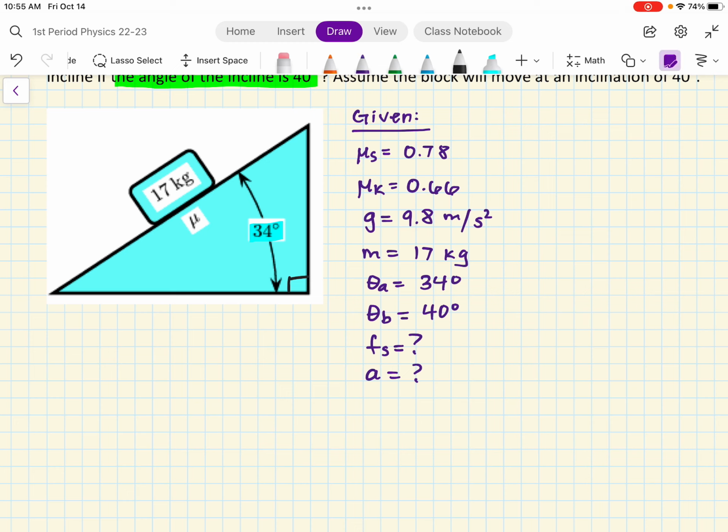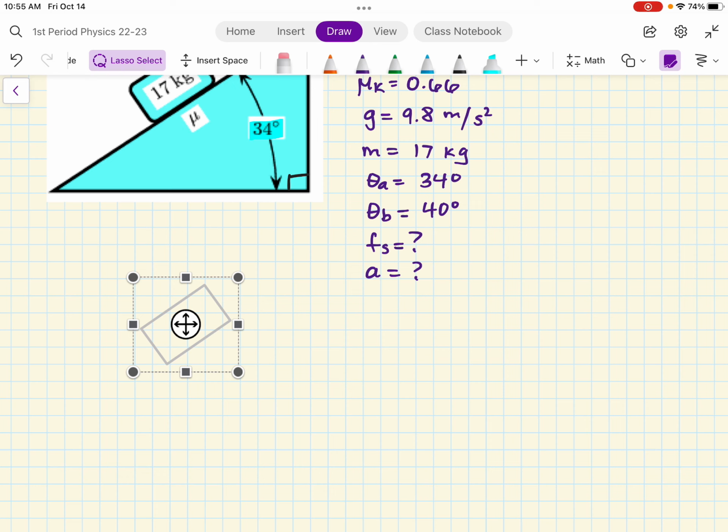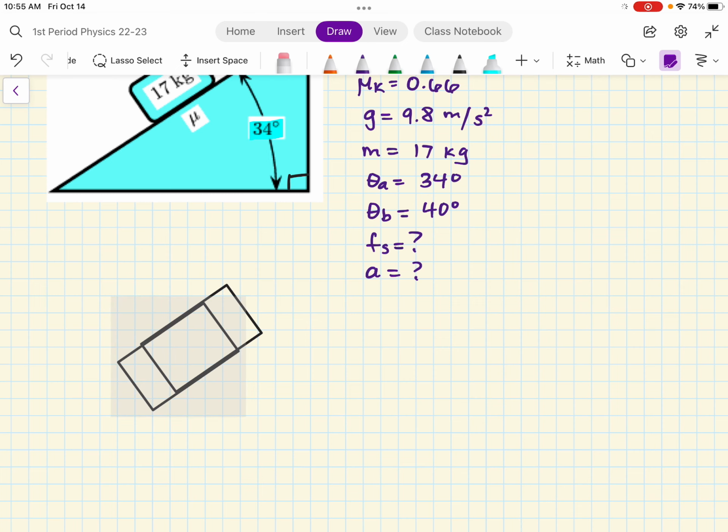I'm going to trace the shape of the block, and make it a little bit bigger so it's easier for me to draw forces and everything I'm supposed to do with the free body diagram.